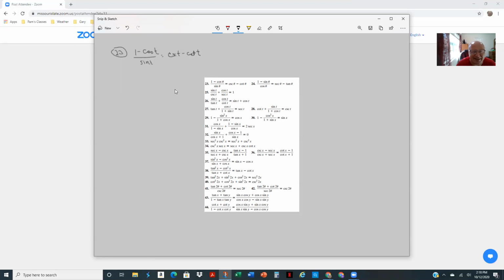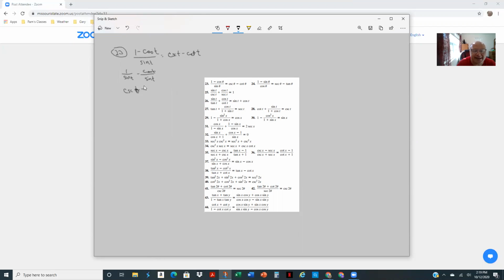So this is pretty easy though, because the left side, I'm just going to break it up into 2 fractions. 1 over the sine of t minus the cosine of t divided by the sine of t. Okay, and 1 over sine, remember, is cosecant, and that's the first term on the right side. And here it is. You're like, well, I don't know what this is. Well, kind of guess. So I mean, think about it. Here's cosecant, here's cosecant. And that's, like I just said, don't mix and match them.